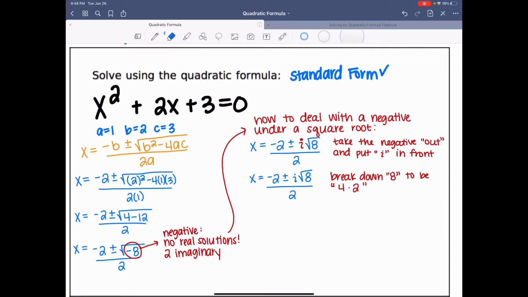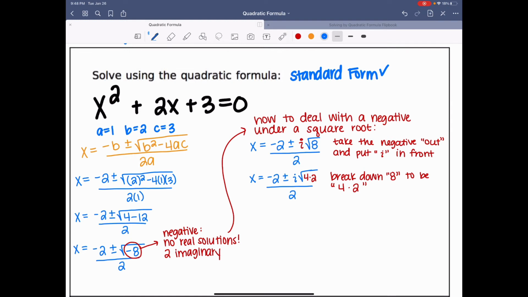Okay, so instead of 8 right here, I'm going to write 4 times 2 because that's the same thing as 8. And now what I have is the square root of 4 times 2. I know what the square root of 4 is, so I can bring that out in front of the radical.